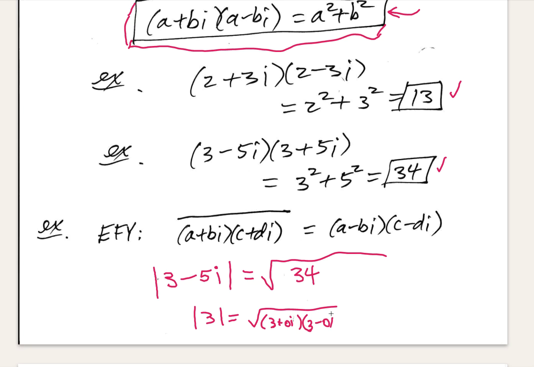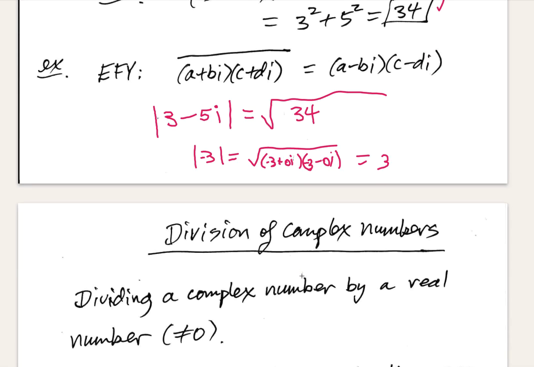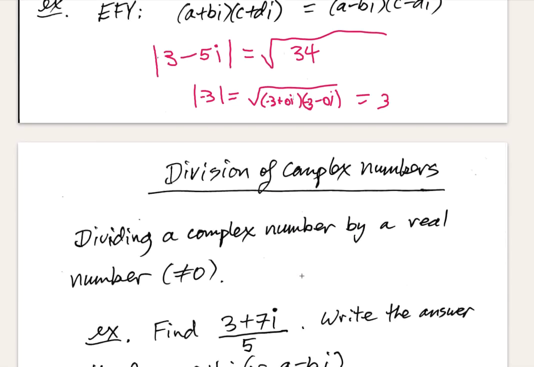And you can see that's the square root of 9, which is 3 again. If I made this negative 3, I would have negatives in here. It's still going to end up being 3. This is the absolute value. This is a generalization of the idea of absolute value to complex numbers. Alrighty? Let's talk about division of complex numbers.